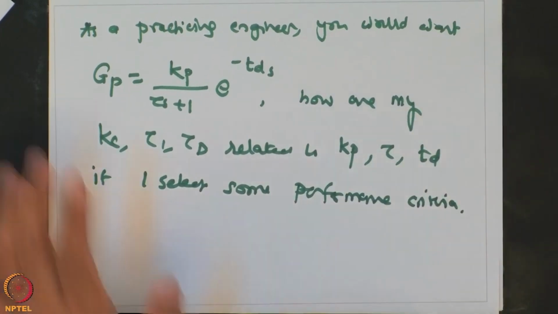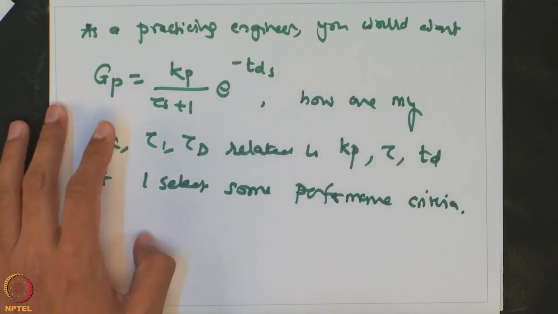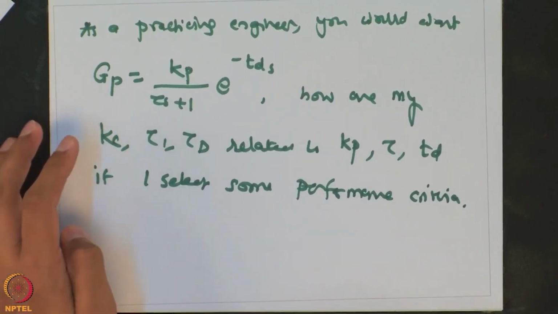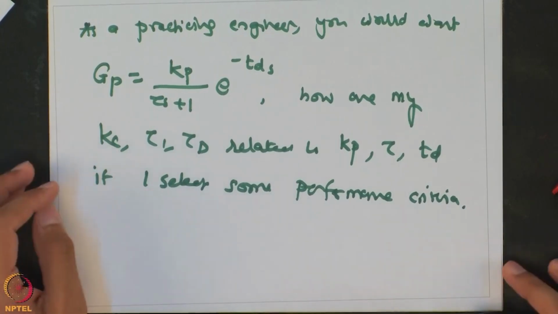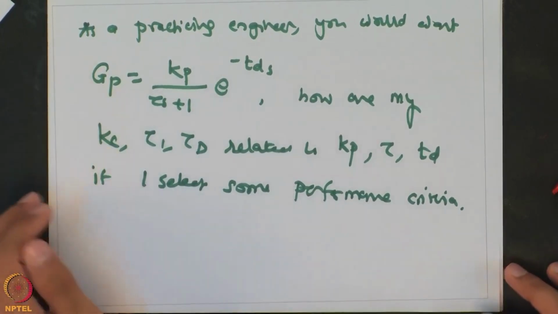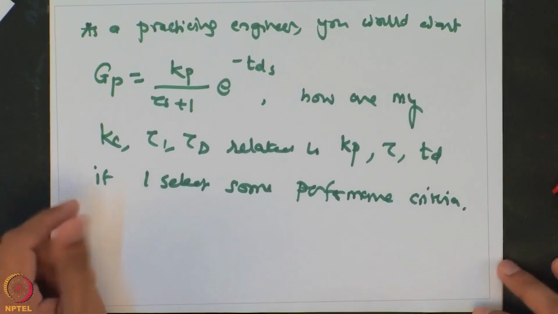So when you want to narrow down your problem like this, then you rely on someone else to carry out a lot of experiments or mathematical analysis for you for this kind of a system, and then give you some quick formulas where you can plug in the values of Kp, tau and Td, and then get the values of the corresponding PID controller.